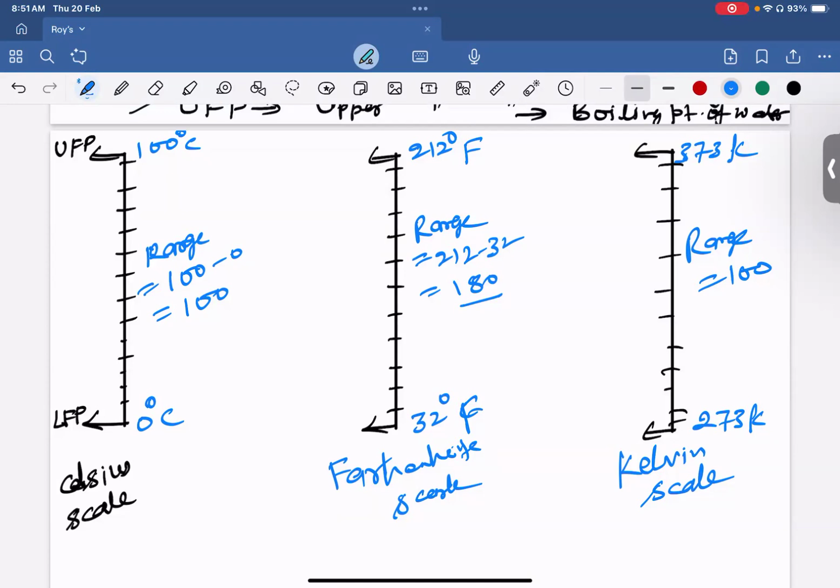Here, a Kelvin scale that you can see, this is basically called as SI unit, right?